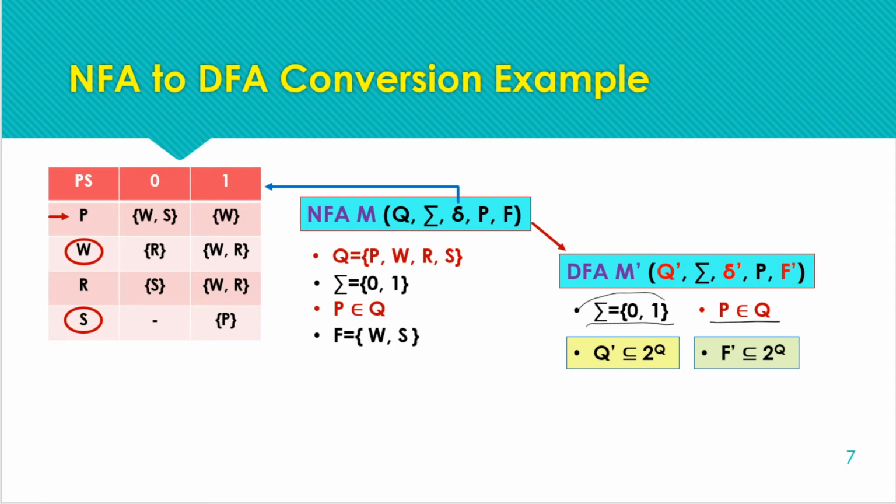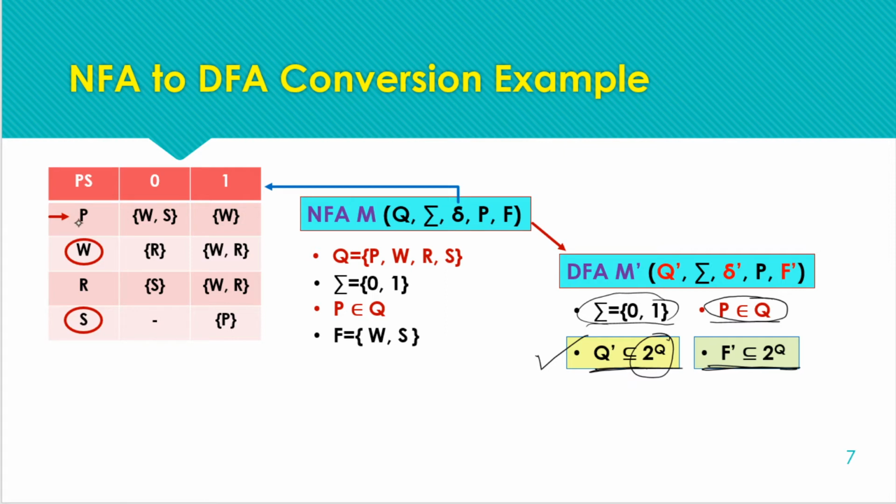So the same input symbols and the same initial state, but we have to find the set of states and the set of final states. Because if Q is the set of states for the NFA, then the equivalent DFA can have 2 raised to power Q possible states. By 2 raised to power Q we mean the power set of states.